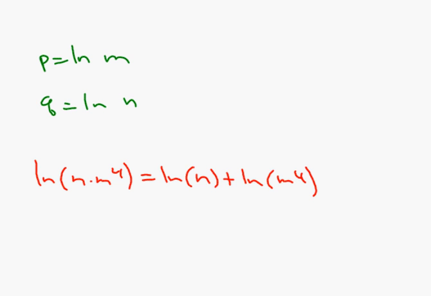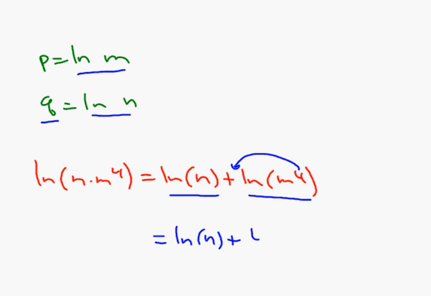Now, I'm tempted to do some stuff here, but the only problem is this. ln n is equal to q, so I'm happy about that. But this doesn't quite match this. We know that the ln of m by itself is p, but the ln of m to the fourth is not p. So what other rule can we use? We know if we have an exponent, we can put it in front. So we get the ln of n plus 4 times the ln of m.